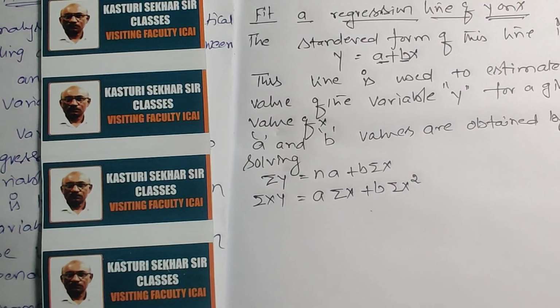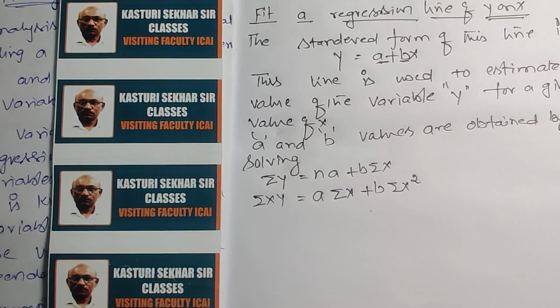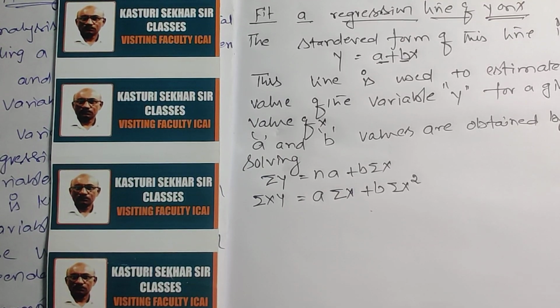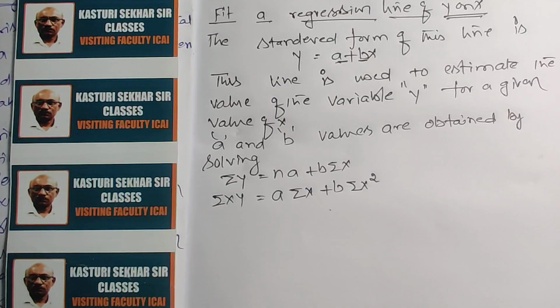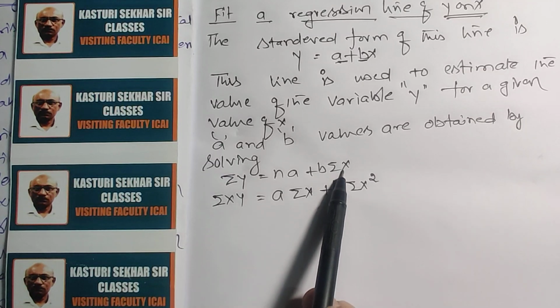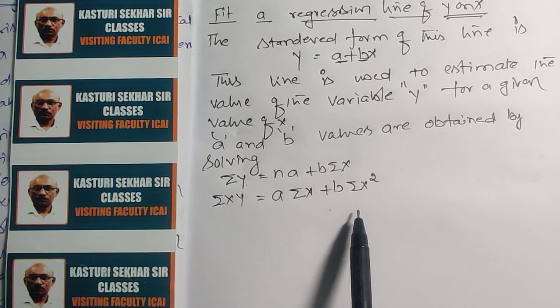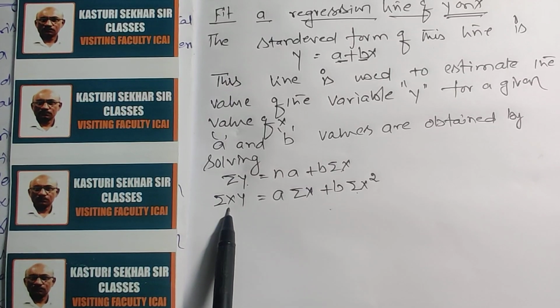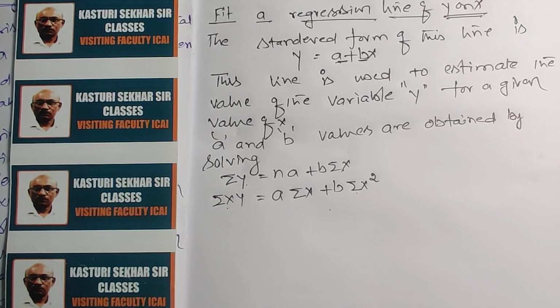By substituting the values of x total, y total, xy total and x square total, two linear equations in a and b are obtained. By solving these two linear equations, the values of a and b are obtained.